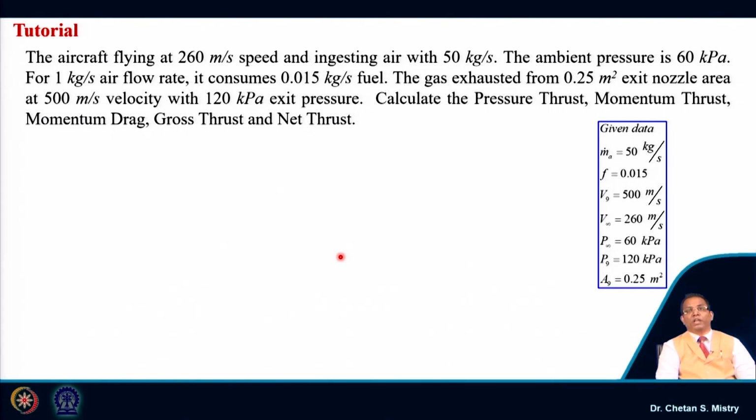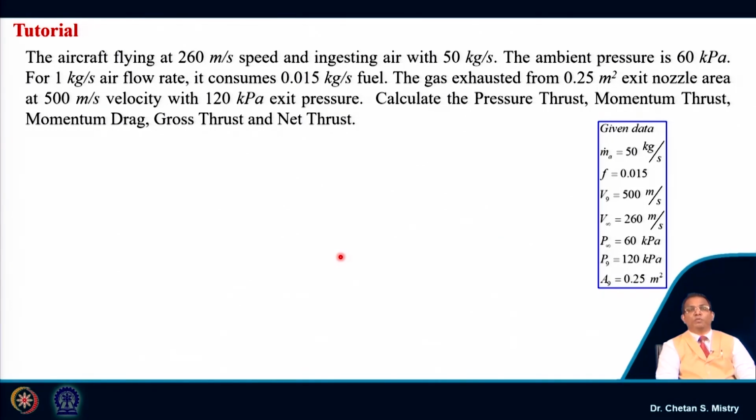The exhaust area is 0.25 square meters, and the exhaust velocity is 500 meters per second with an exhaust pressure of 120 kilopascal. We need to calculate the pressure thrust, momentum drag, gross thrust and the net thrust.